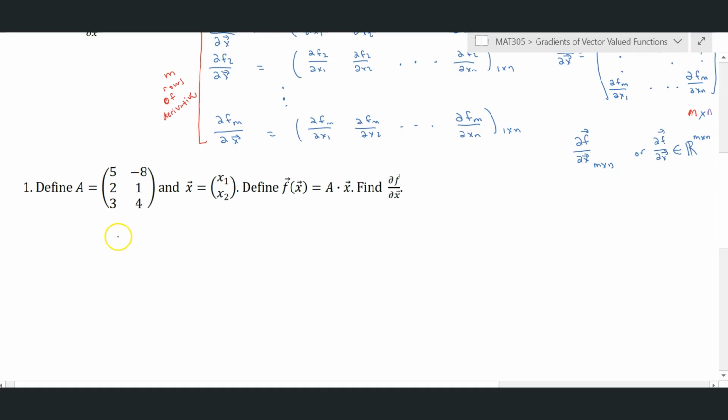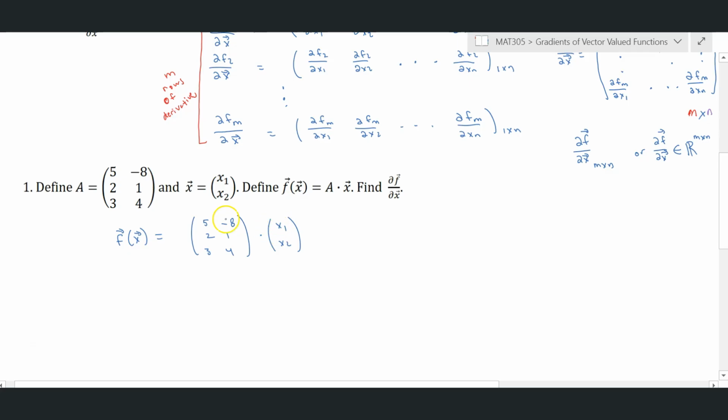I am going to list out what this function looks like in terms of our matrix, which just contains these constant coefficients, multiplied by our vector x1, x2.